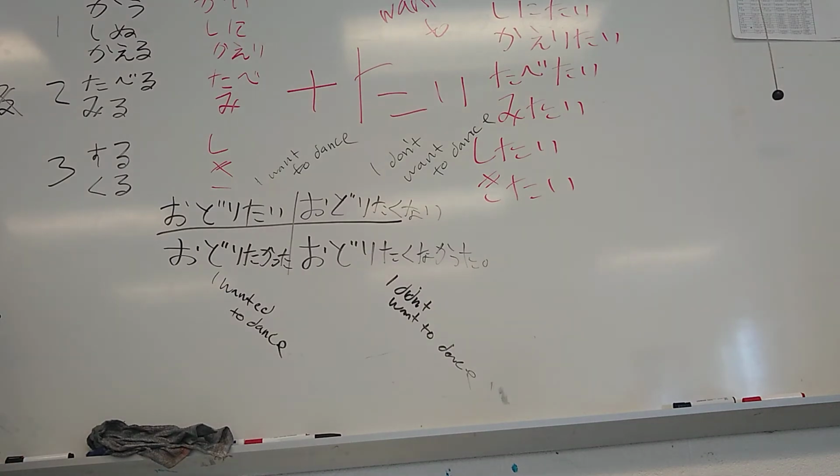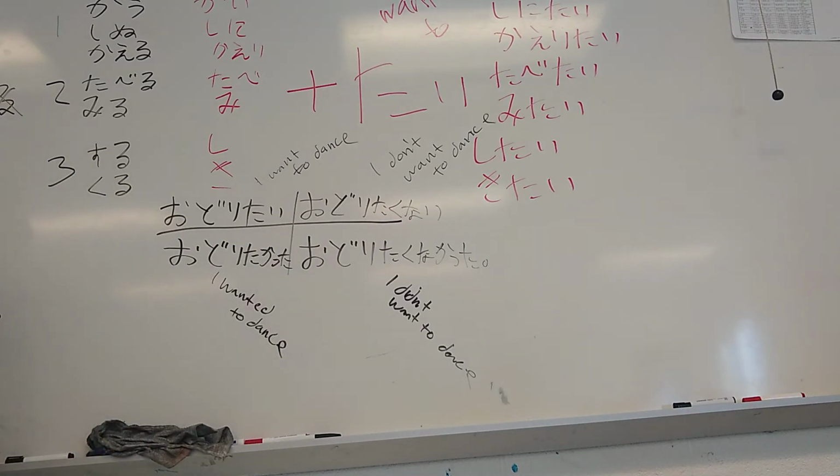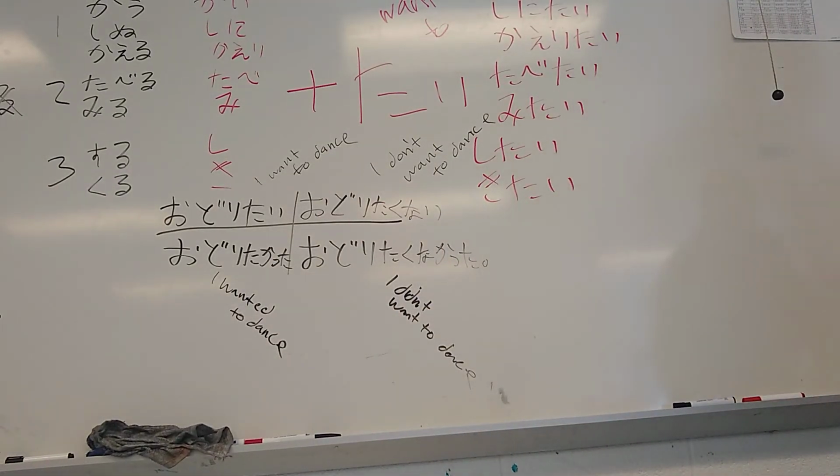If you're watching anime or whatever, and you just listen to those endings, you could probably figure out if it's present, present negative, past, past negative, just by the endings. If you hear a u, it's almost always going to be present. If you hear a nai, it's almost always going to be negative. If you hear a katta or ta, it's always going to be past. If you hear a nakatta, it's going to be a past negative.